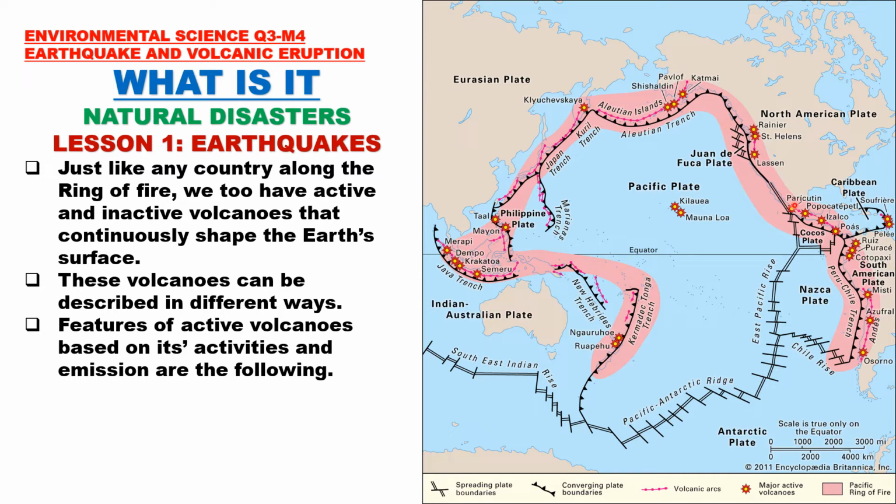So ang Pacific Ring of Fire is an area in the Pacific Ocean where different volcanic activities happen as well as earthquakes. And our country, the Philippines, belongs in this Pacific Ring of Fire. So we also have a contribution to this so-called Ring of Fire.